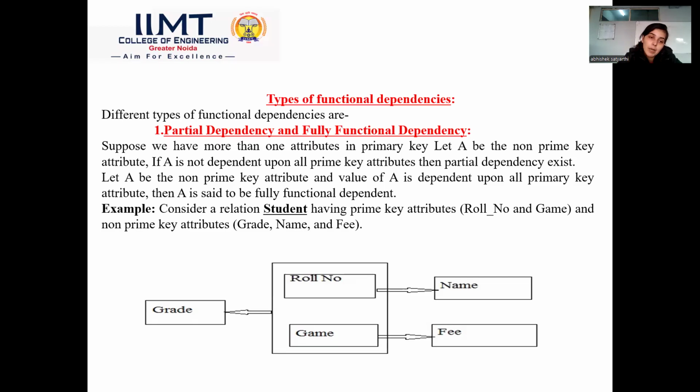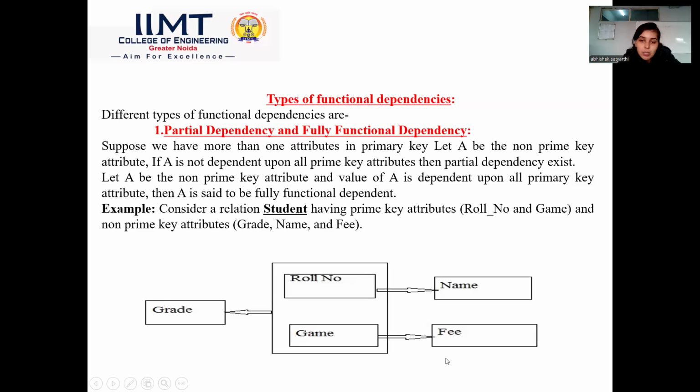Let's take one example. Here we have a relation student having prime key attributes roll number and game. From roll number we can derive name, and from game we can derive fee, and both combined, roll number and game, we can derive grade. So here roll number and game combined form a key, and a part of this key, that is a subset of this key, which is roll number and also the game, derives a non-prime attribute, name and fee.